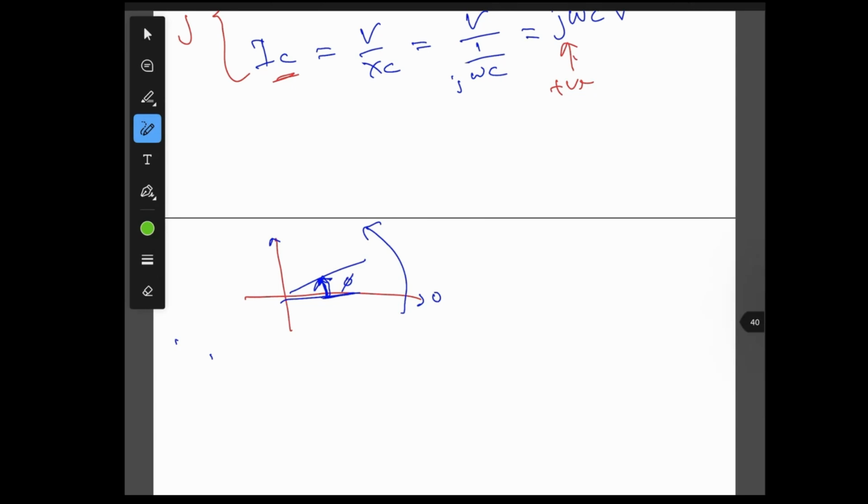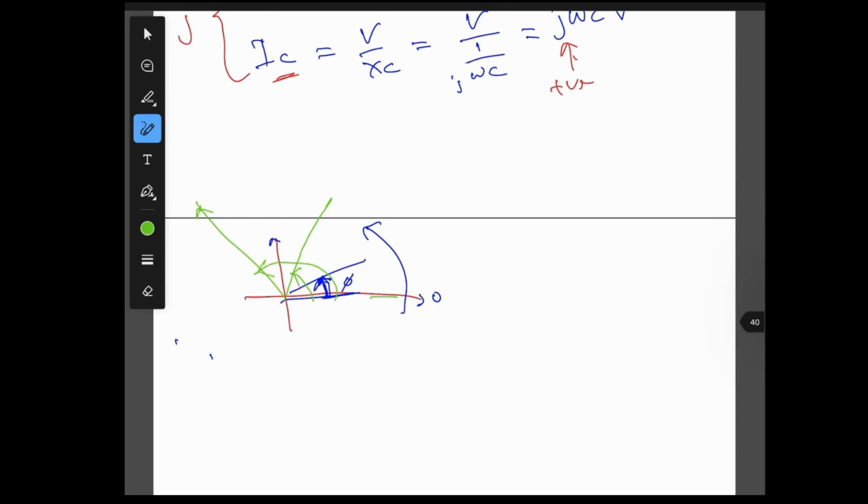Let's say we have an angle here. How do we read it? The angle is measured from 0. For this one, the angle is from here to here.